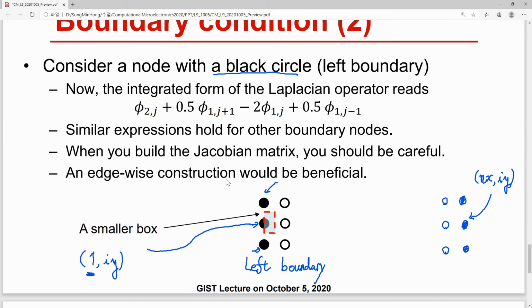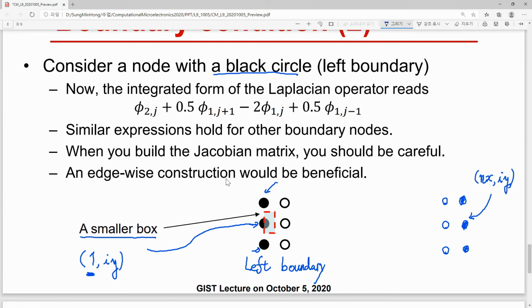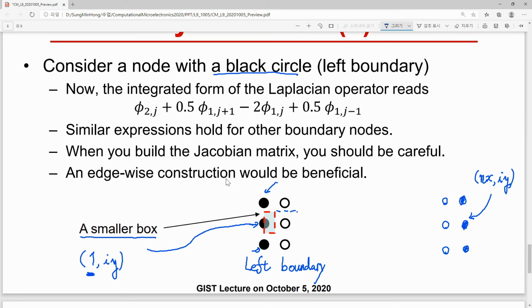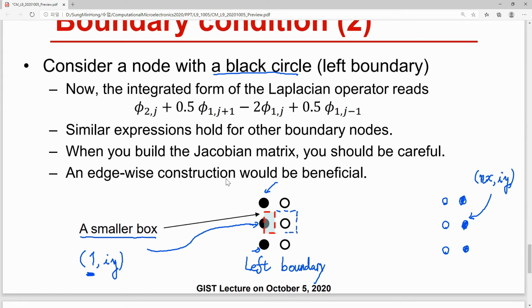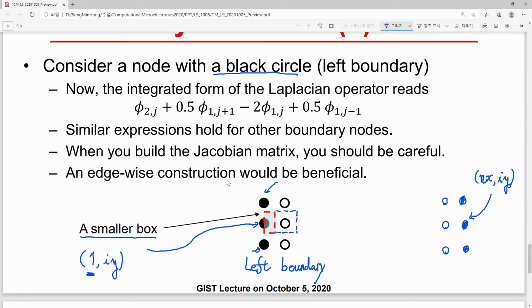And now your box should be smaller. Previously, for example, for this bulk box, you have this square whose length is delta and delta along x direction and y direction.